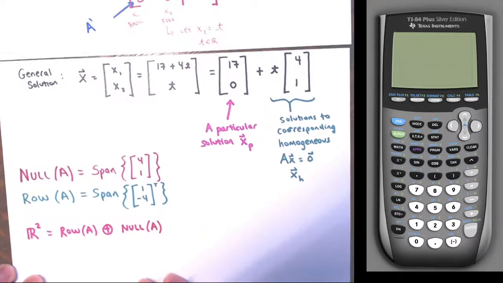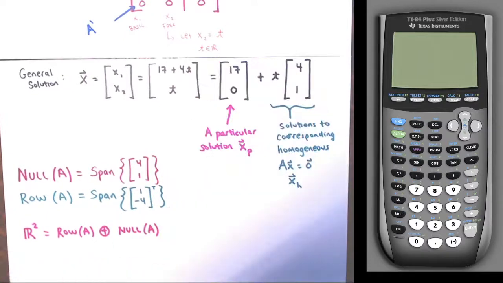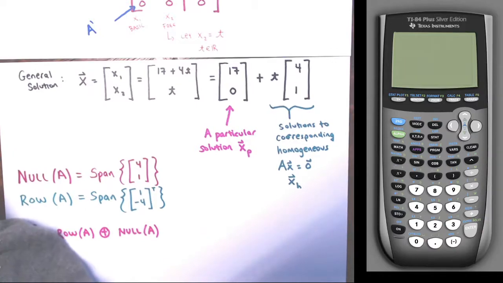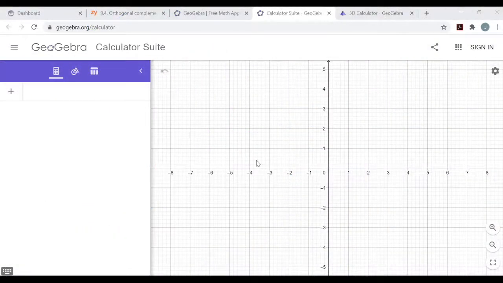Let's take a look at pictures of these, and then we're going to express our solutions as a row space vector plus a null space vector. So I'm going to go to the GeoGebra website here. This is the 2D version.